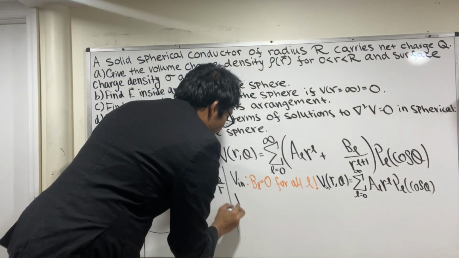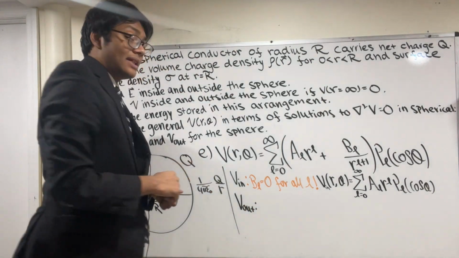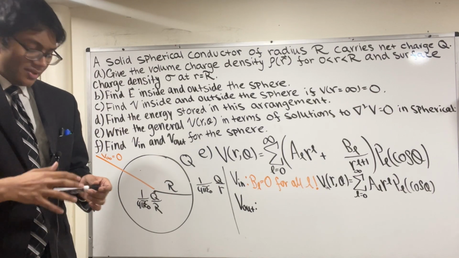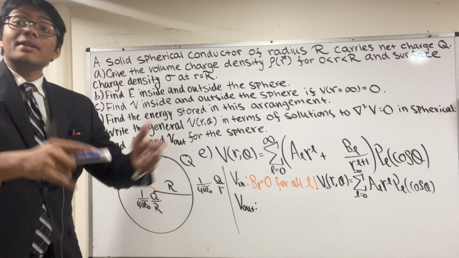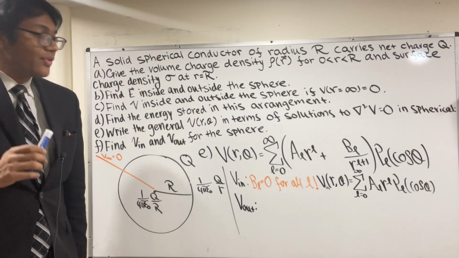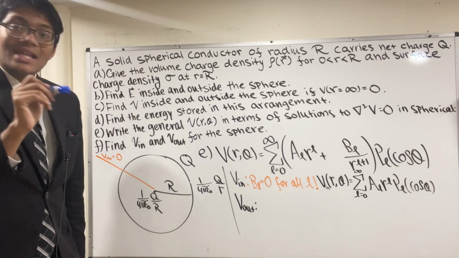So we have V out. The electric potential outside, well, how the tables have turned, my friend. Because observe this. When I go outside, there is one thing I cannot have: an electric potential of infinity. That's a no-go.